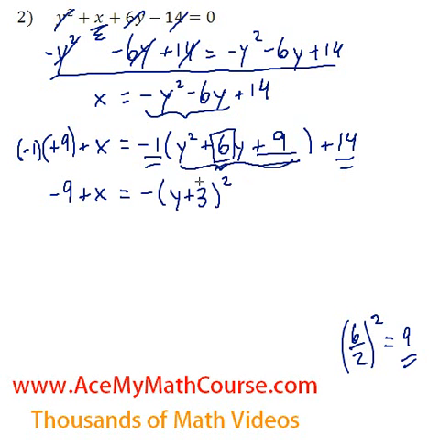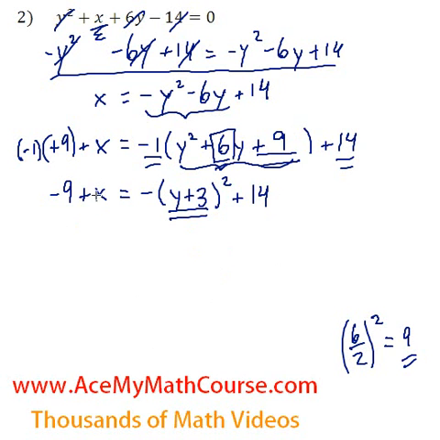And to determine what this is going to be, we can just factor the trinomial. We're going to get y plus 3 squared. If you have any problems with that at all, I would suggest that you visit our website and check out polynomials and factoring trinomials. So the 14 is just still waiting right there.